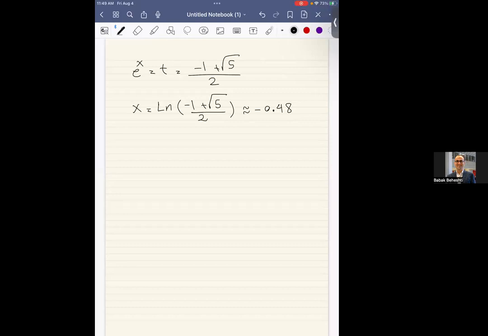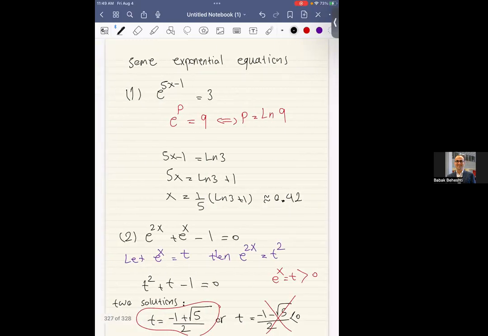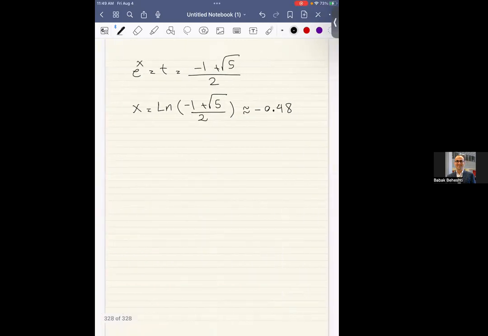Okay, so any questions so far? So some remark is that ln, and this is similar for other logs, basically if the base is greater than 1.